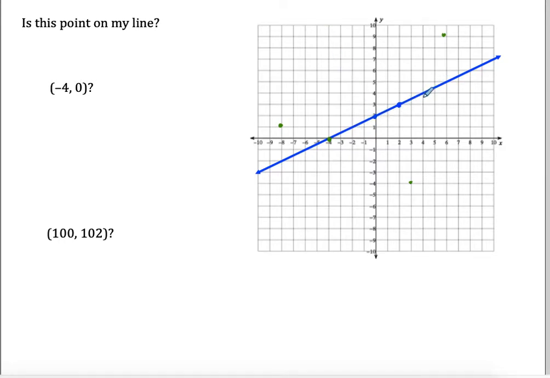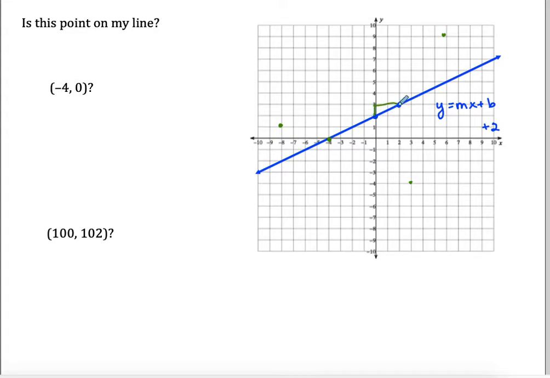So let's think about this line as an algebraic equation. If I were to write the equation or the formula for this line, I'm going to write it in y equals mx plus b form. The first thing I'm going to find is the b value, and the b value of this line here is positive 2. Then I can use the slope, the idea of rise over run.